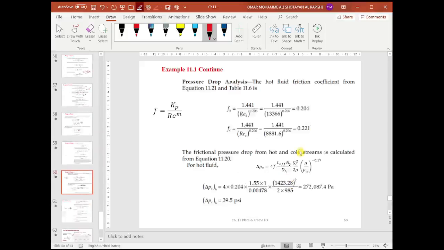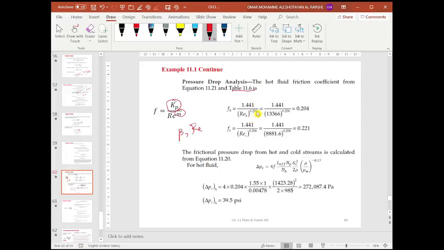In order to calculate the pressure drop for both sides, the hot fluid and cold fluid, we utilize the Reynolds number that we found for each of them, and then we go back to table 11.6 to find the two values, the Kp value and M according to the beta and Reynolds number. So you get, for example, for this situation, you get Kp is 1.441 and M, which is going to be 0.206.